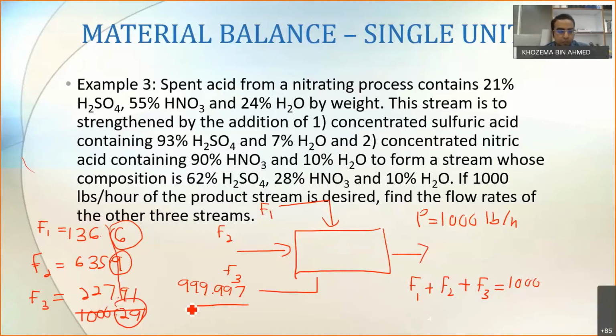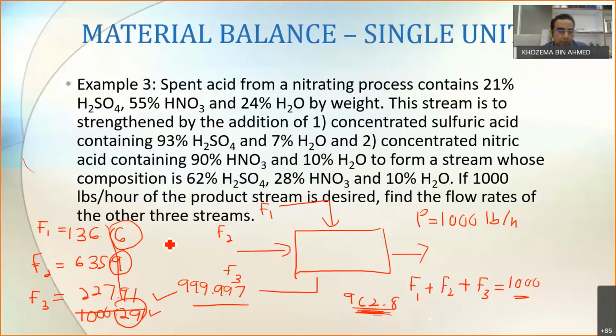As long as you get a value like 999 or 1000.2, the value is acceptable. The only way your answer is wrong is if, say, instead of 1000 you suddenly get 962 point something. Then please go back and check your decimal points and your significant figures.